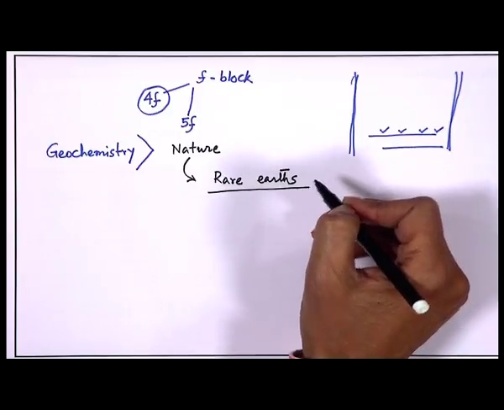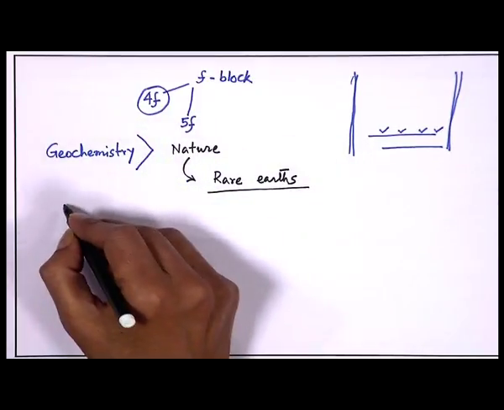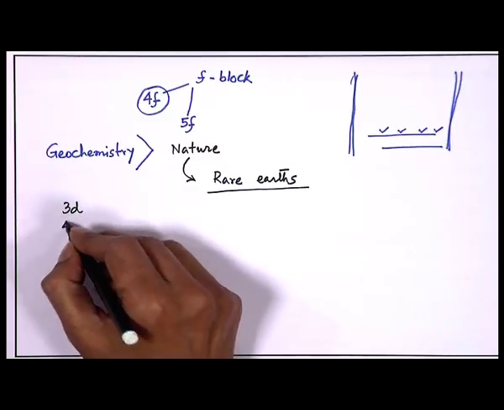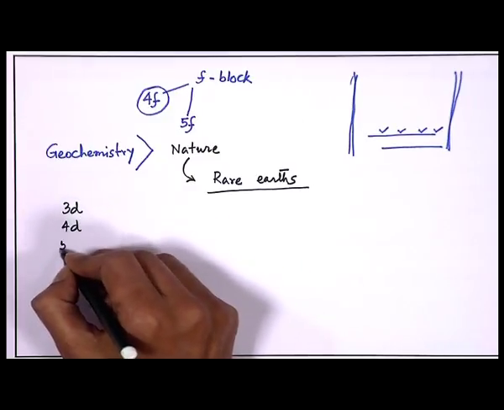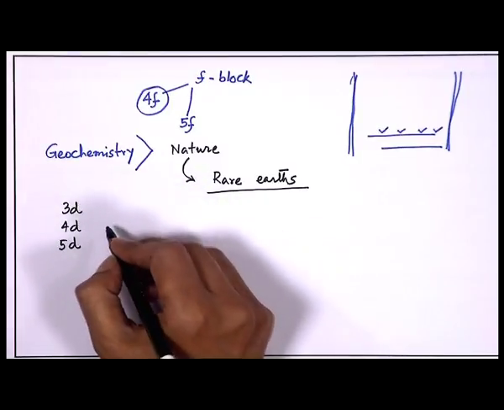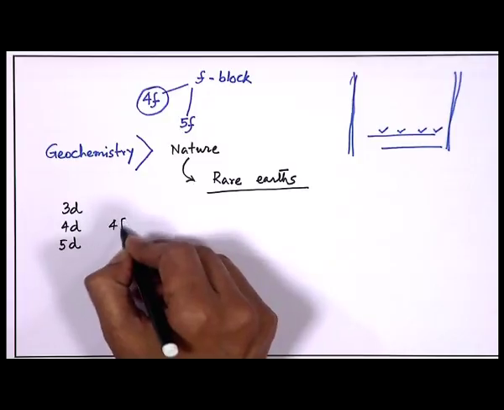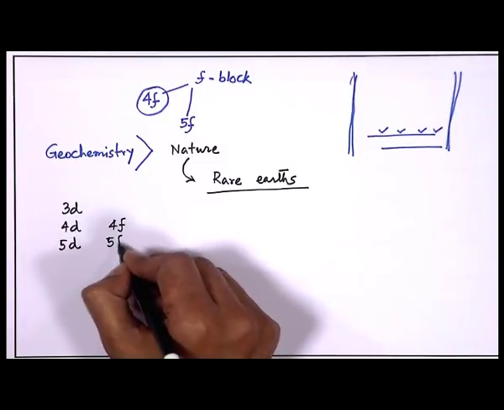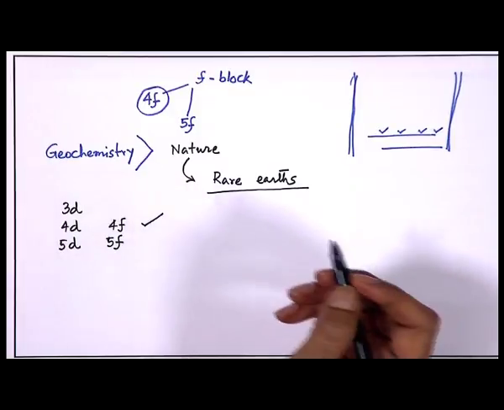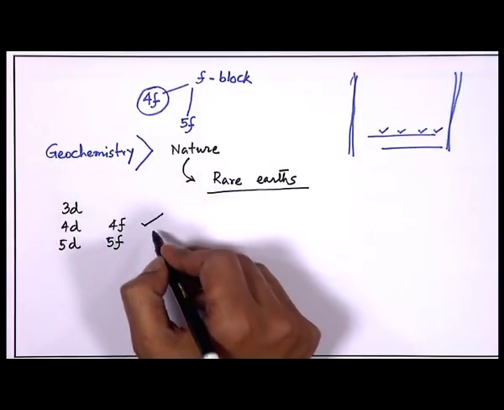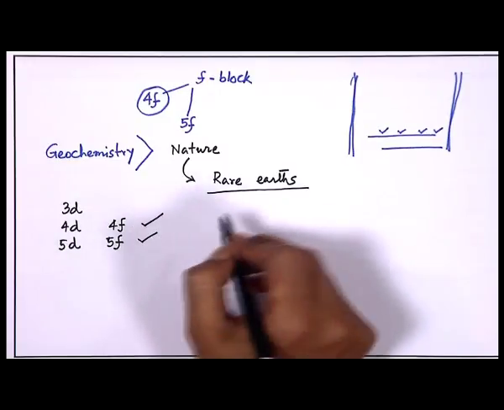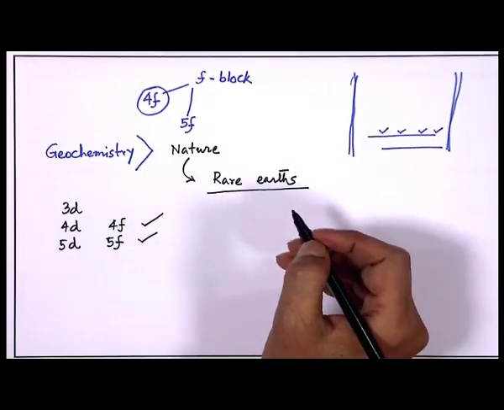If we see these two groups, we have seen the different properties of 3d, 4d and 5d elements, and side by side we will get those 4f and 5f elements. One is the lanthanoids starting from lanthanum, and the other is the actinoids after actinium.